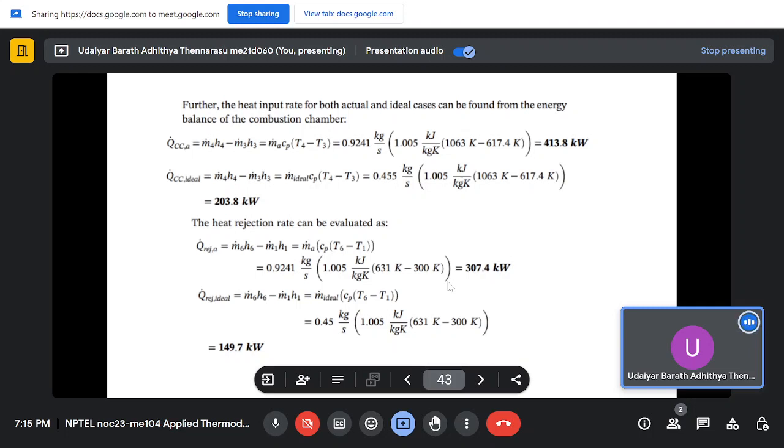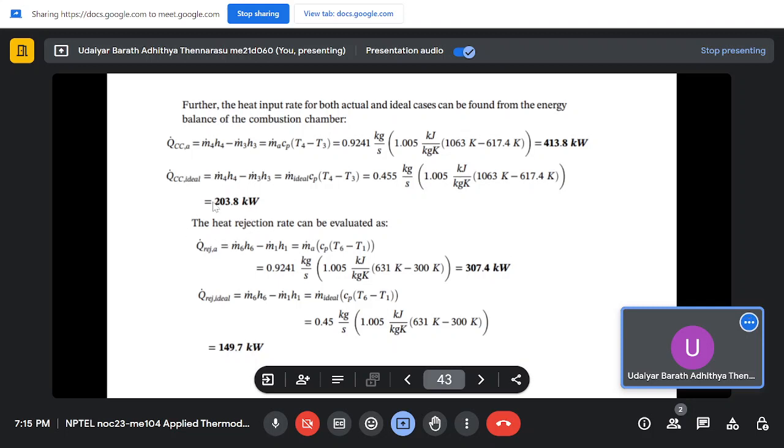So next is heat added. Heat input in the combustion chamber is m dot a (H4 minus H3), so this will come out to be m dot a Cp (T4 minus T3). On substituting, this will give me 413.8 kilowatt. Similarly, for an ideal case, the heat input is 203.8 kilowatt.